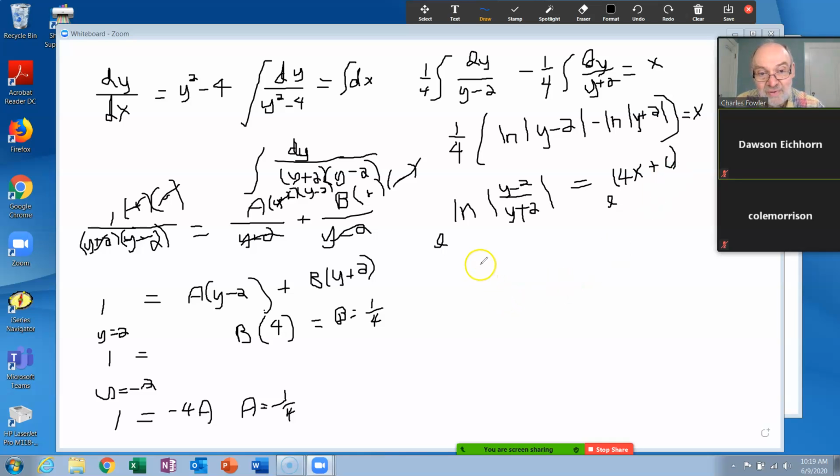And this gives you absolute value of y minus 2 over y plus 2 is equal to e to the 4x plus c.